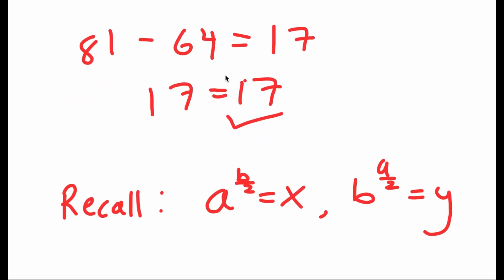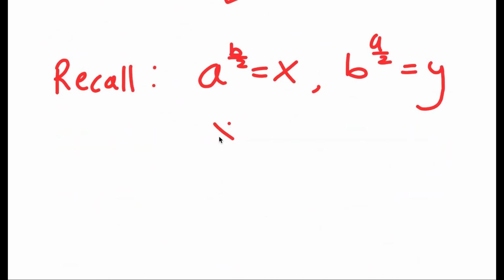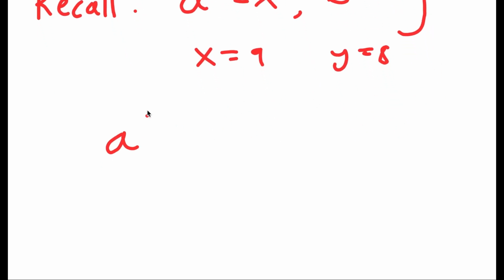So this means that because x is equal to 9 and y equals 8, I have a to the power of b over 2 is equal to 9, and b to the power of a over 2 is equal to 8.